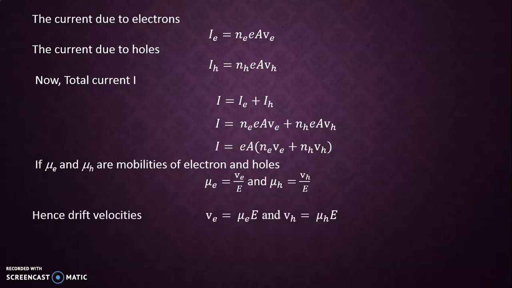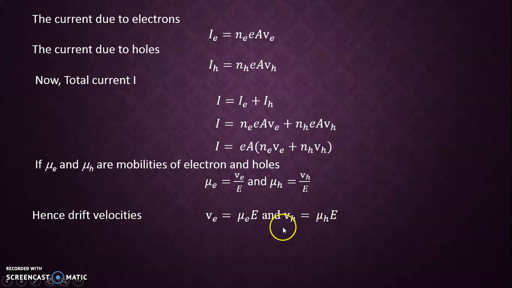So v_e, the drift velocity of electron, is equal to mu_e into E, that is mobility of electron into electric field. Similarly, drift velocity for hole is mobility of hole into electric field, which is generated in the semiconductor.